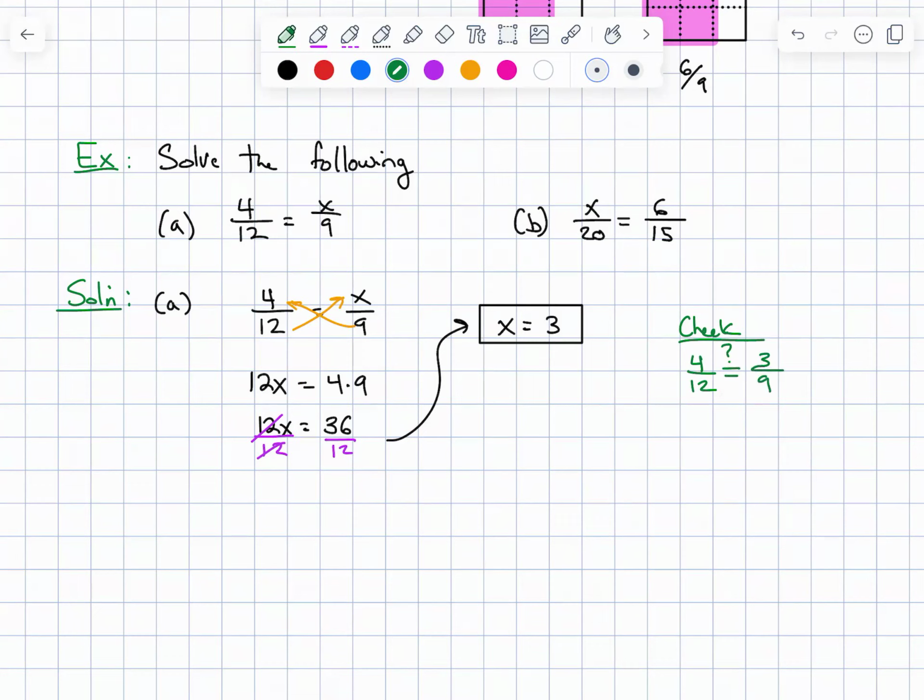If you plug 4 12ths into your calculator, you'll see that it equals 1/3 or 0.3 repeating. And does that equal 1/3? Yes, it does. So we know we did it right. One of my favorite things about equations is you can always check your answer. You can always verify that you got the right thing.